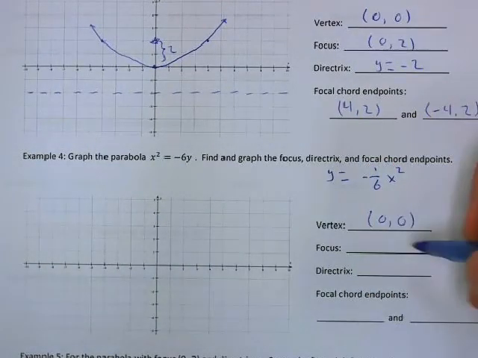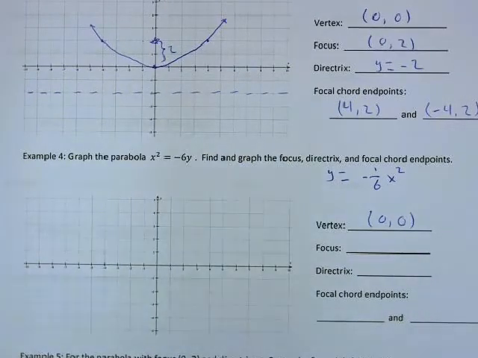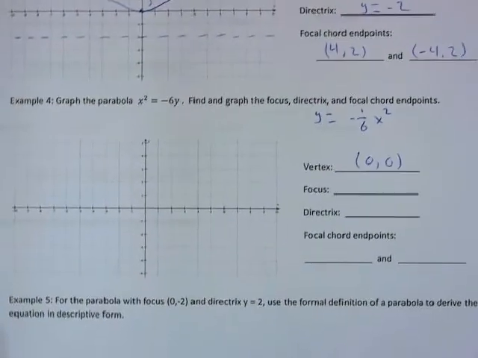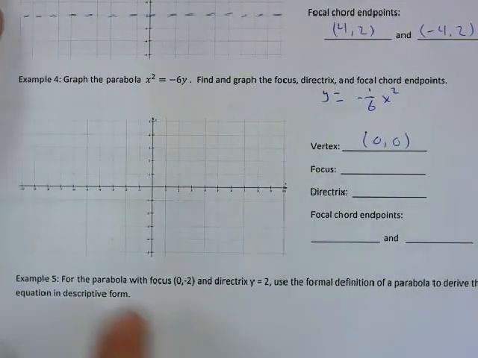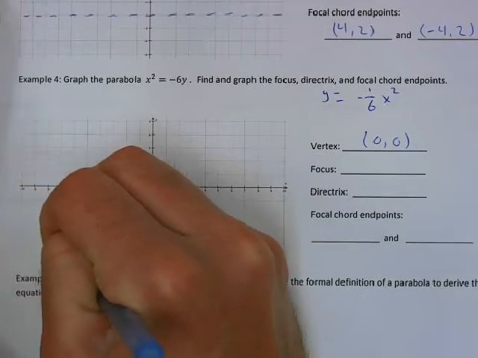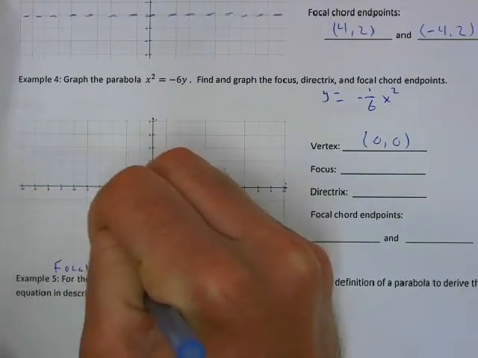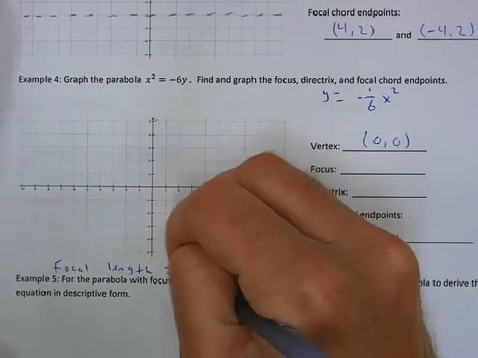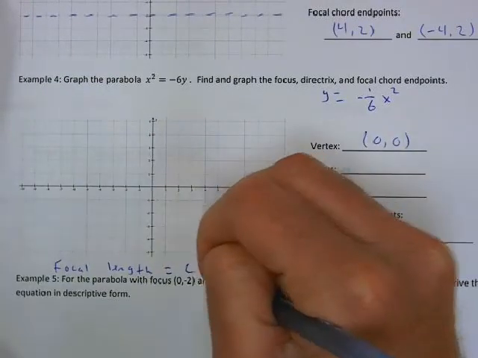And then for our focus, directrix, and focal chord endpoints, for all that stuff, we want to find the focal length. So let's scoot this up a little bit more. We got a little bit of space at the bottom, so we'll do it here. Our focal length is what we call C. Our equation for the focal length, C, is 1/4a.